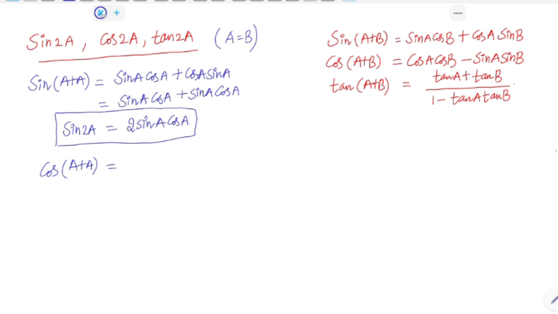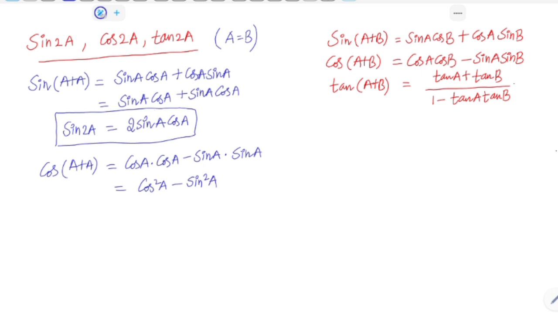The formula is cos a cos b minus sin a sin b. Therefore, it can be written as cos a into cos a minus sin a into sin a. Therefore, cos A into cos A is cos square A minus sin A into sin A is sin square A.